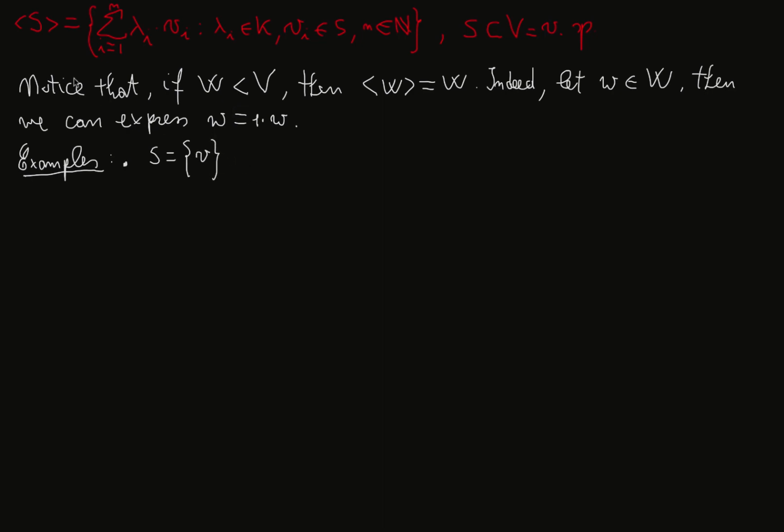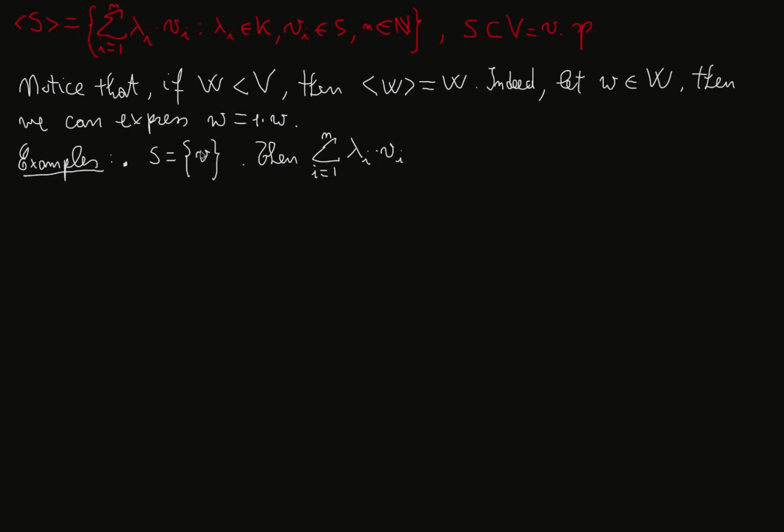So in order to understand what this vector space is in this particular case, we have to understand what is a linear combination of vectors in S. Then, we take a linear combination as written here, which is going to be a sum for i that goes from 1 to n of vectors of the kind lambda i times vi, but vi are all taken inside S.